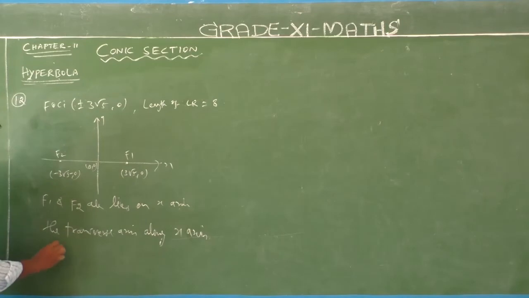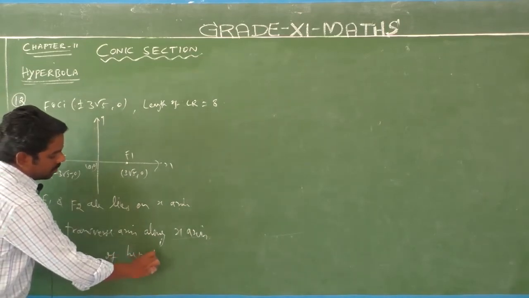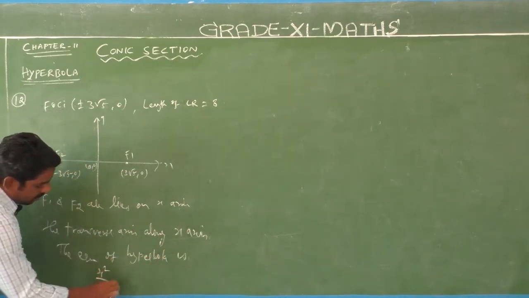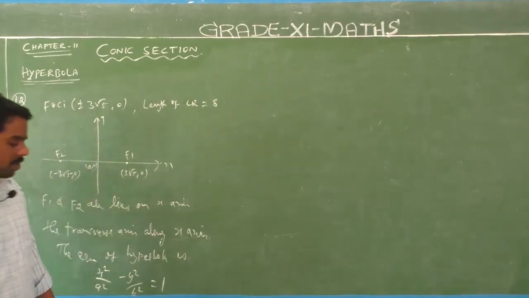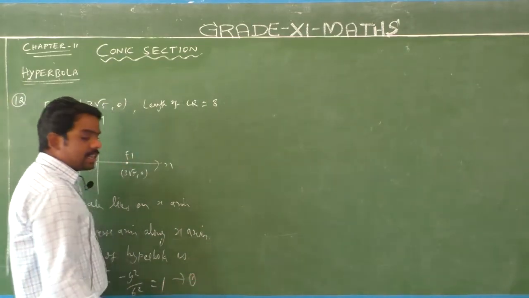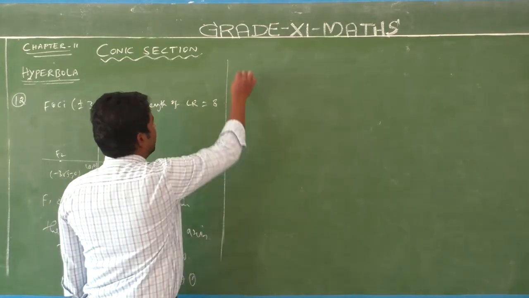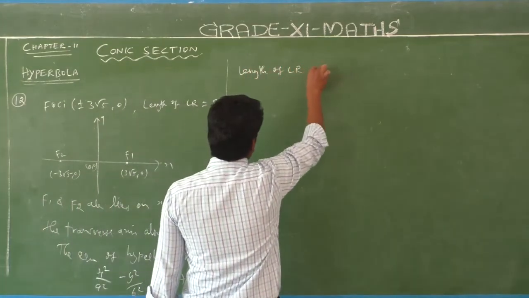So the equation of the hyperbola is x squared by a squared minus y squared by b squared equal to 1. This is equation number 1. We need a squared and b squared. And the given information is the length of the latus rectum, which is 8.